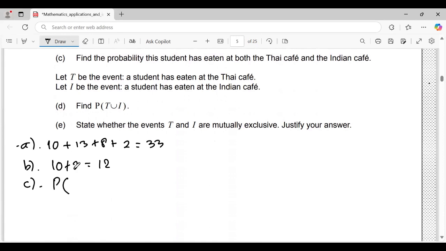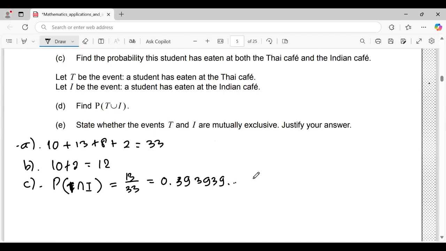The probability has eaten both means T intersection I is 13 over 33. And if we divide, the result is 0.39393.